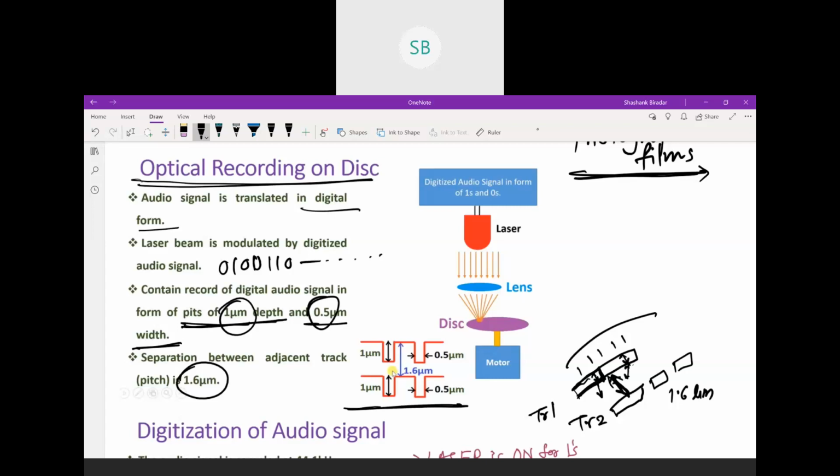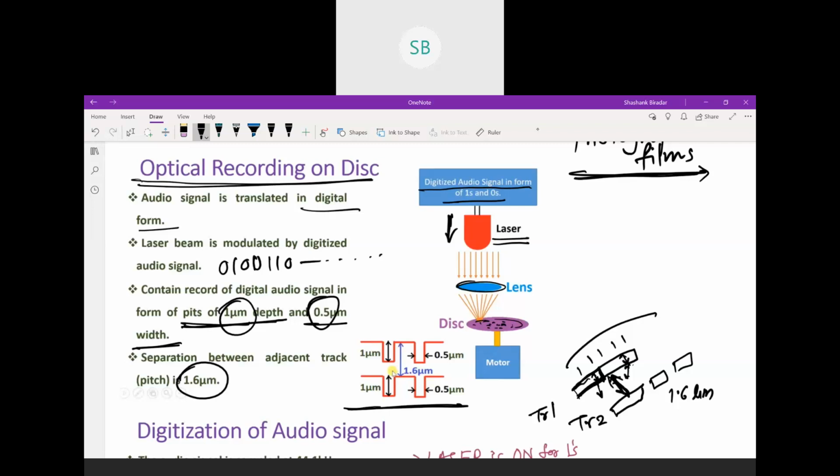So basically what we are doing is the digitized audio signal in the form of ones and zeros is given to the laser light. This laser light is modulated in accordance with this incoming data. Then this laser beam is focused on the disk, and here we are actually writing the data on the disk.